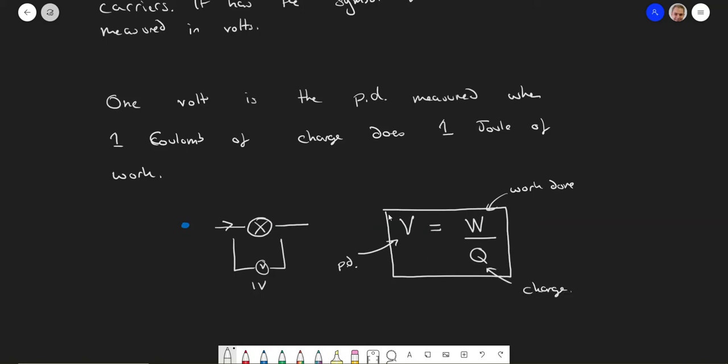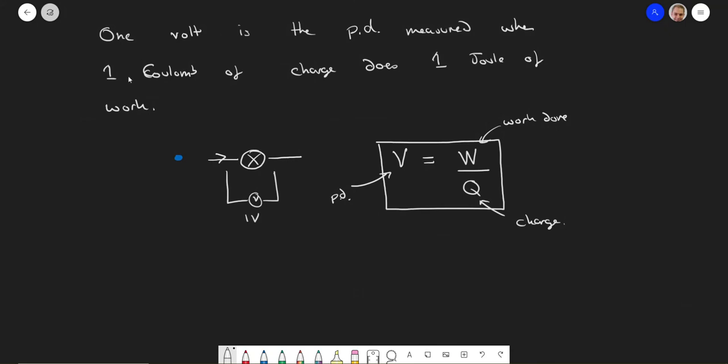So another unit for voltage is joules per coulomb.